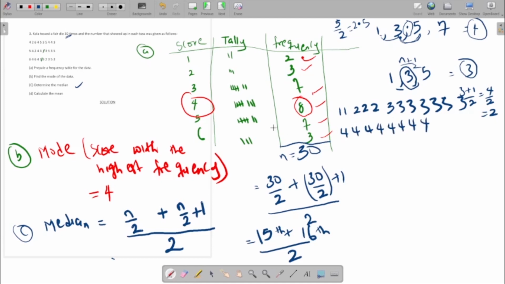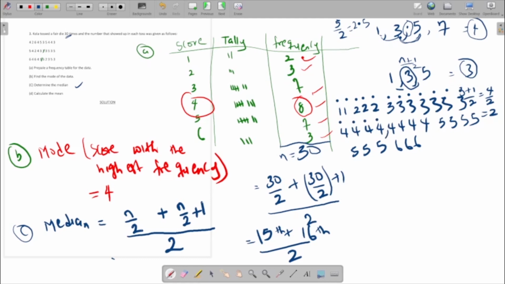So 5 in 7 places too: 1, 2, 3, 4, 5, 6, 7, and 6 in 3 places: 1, 2, 3. So to get our 15th term and 16th term, we count 1, 2, 3, 4, 5, 6, 7, 8, 9, 10, 11, 12, 13, 14, 15, 16.